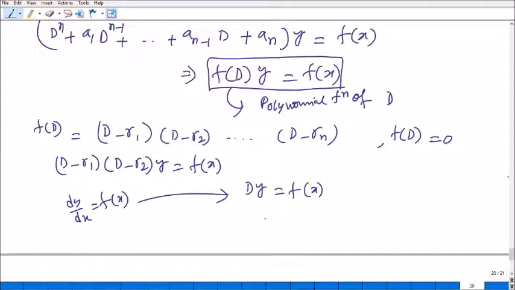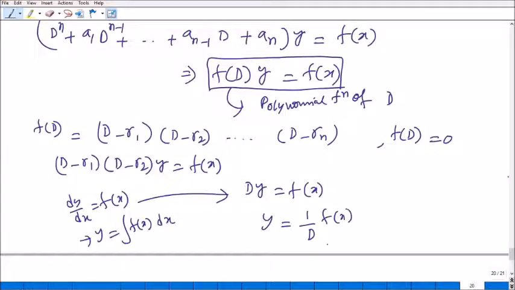So the solution is y equal to the integral of f(x) dx. Then from this equation, we can write y equal to (1/D) f(x).